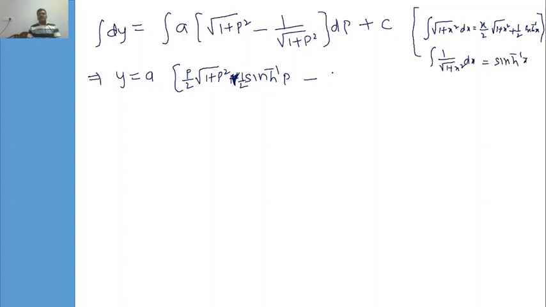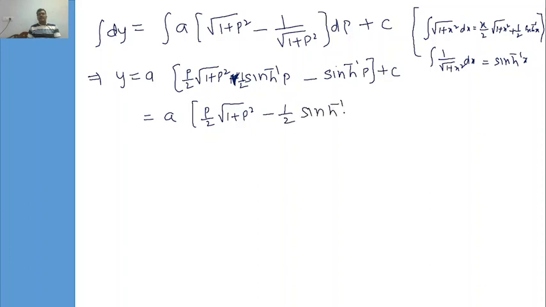So here 1 by under root of 1 plus p square integration is sinh inverse of p, plus c. So y equal to a times p by 2 square root of 1 plus p square, plus 1 by 2 minus 1, that is 1 by 2 minus 1, is nothing but minus 1 by 2 sinh inverse of p, plus c.